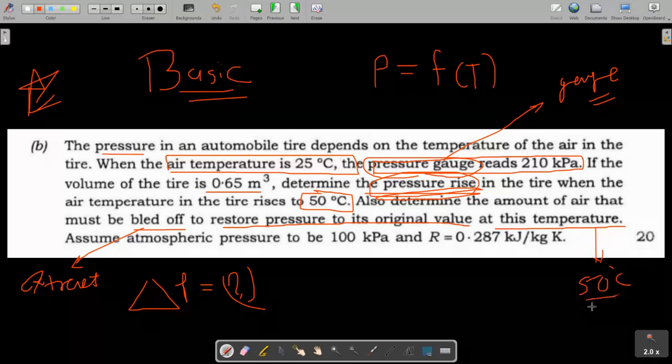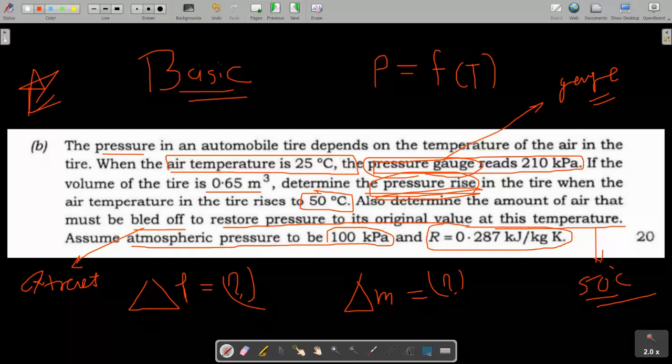How much mass of air do we have to extract? Assume the atmospheric pressure is 100 kilopascal, and the gas constant R is 0.287 kilojoule per kg Kelvin.